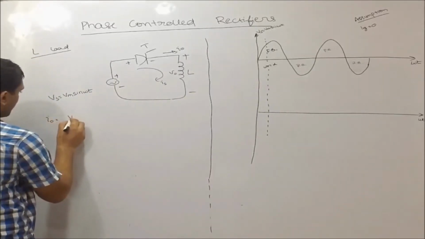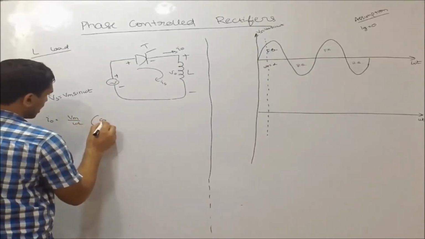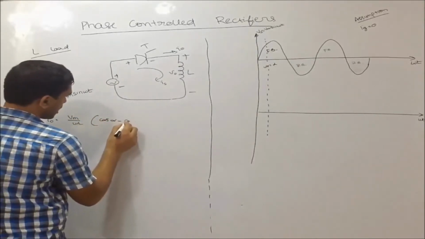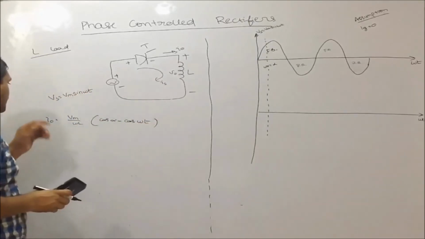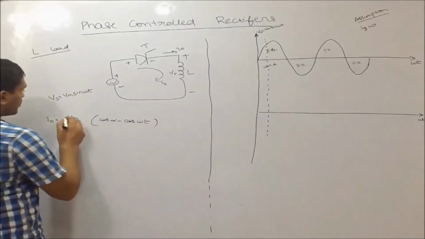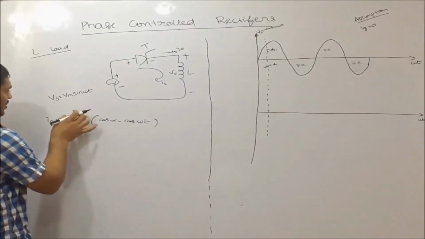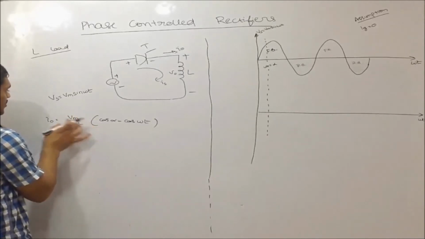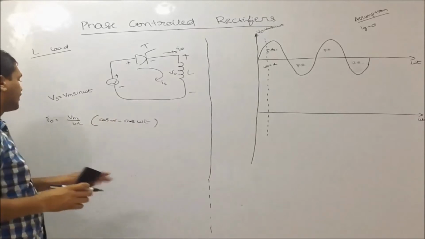I naught is Vm by omega L into cos alpha minus cos omega t. This has to be dimensionally correct. This is voltage divided by impedance, so that is nothing but the current. So it is dimensionally correct.